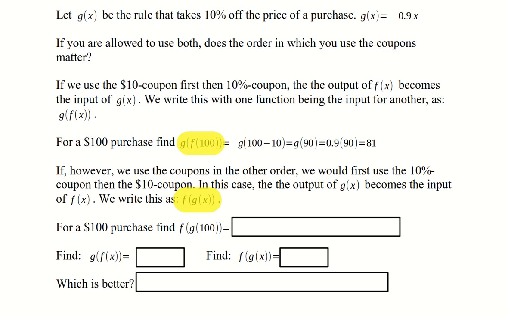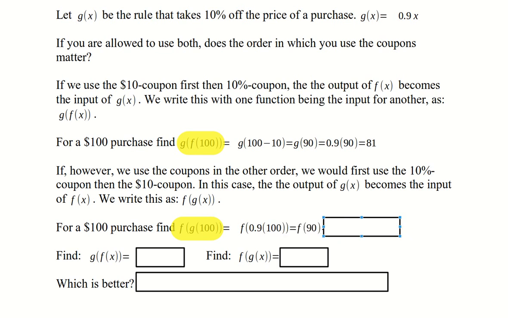That is, g is happening first. So for a $100 purchase, we want to see what that means. So we're going to plug $100 into g and then plug that into f. So the first thing, of course, is to apply g to 100. So there's g. g says to multiply the input by 0.9. That input is 100.